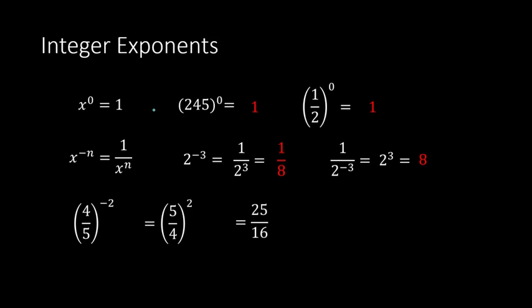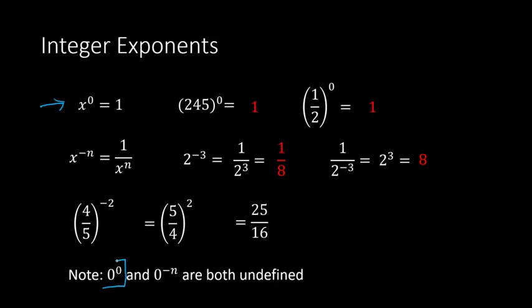Now before moving on, I just want to touch on the 0 exponent for one more moment. Realize that if we have 0 to the 0 power, that is undefined. That has no solution. And also, if we have 0 to the negative n power, that is also undefined, because 0 to the negative n power would be the same thing as 1 over 0 to the n power, and 0 to any power, whether it be to the 4th, 5th, 6th power, whatever, is going to be a 0 in the bottom.